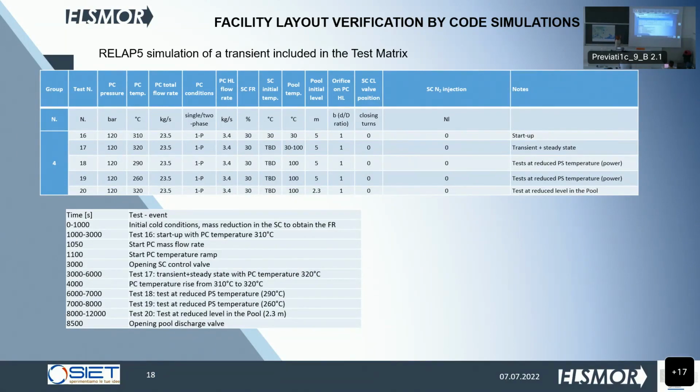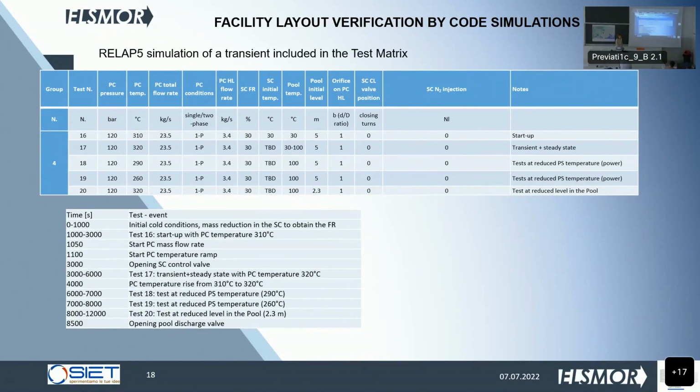Then we have a secondary side initial temperature. We start from cold conditions, then we will see which temperature is reached. We have the temperature of water in the pool, and we have the level in the pool. We will start the test with the full level in the pool.